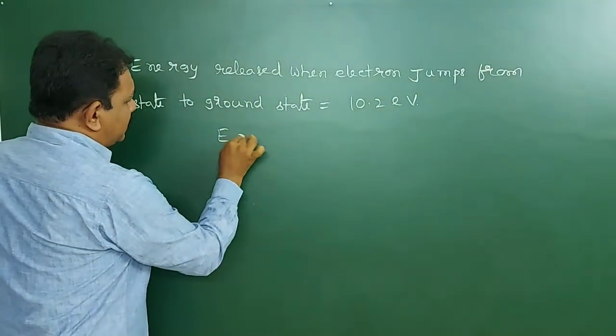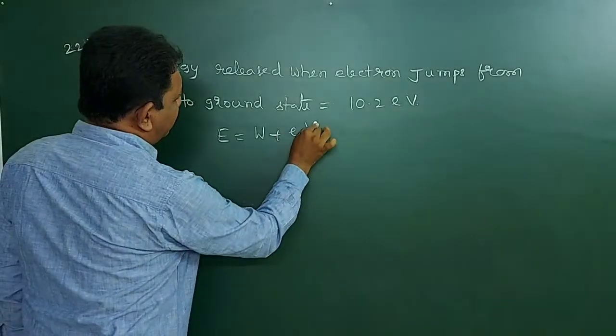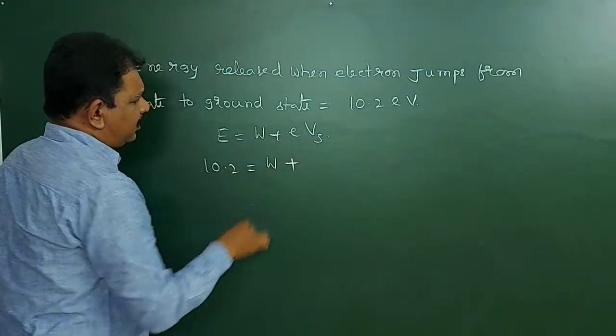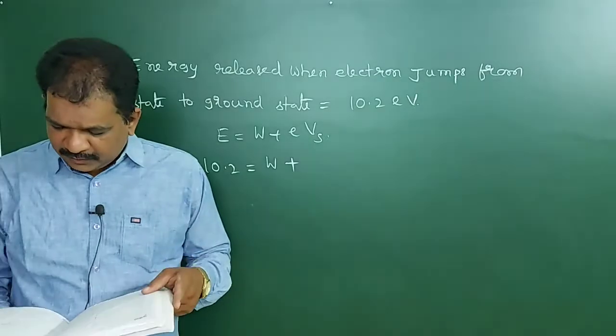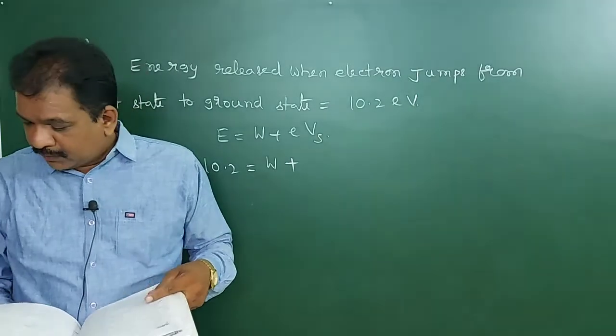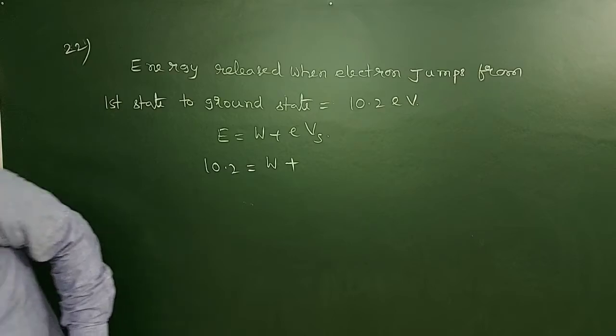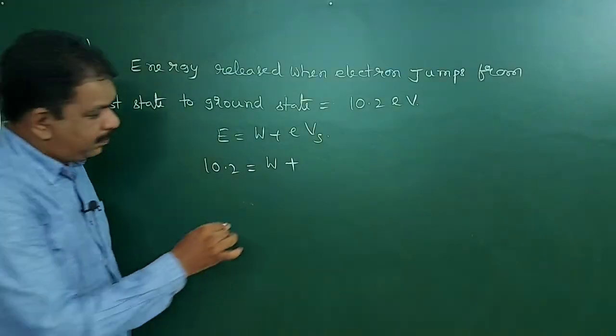So E is equal to W plus eVs. This value 10.2 is E, W plus eVs, this value 3.57 they mentioned.